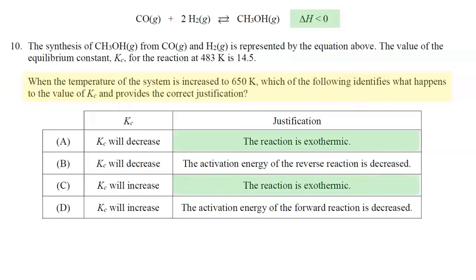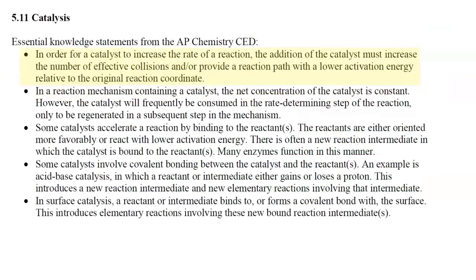But the other 2 justifications talk about how the activation energy of either the reverse reaction or the forward reaction is decreased. Now I'm going to remind you of something that I had presented back in Unit 5, on kinetics. This is topic 5.11, catalysis, that in the presence of a suitable catalyst, there can be a new reaction path with a lower activation energy.